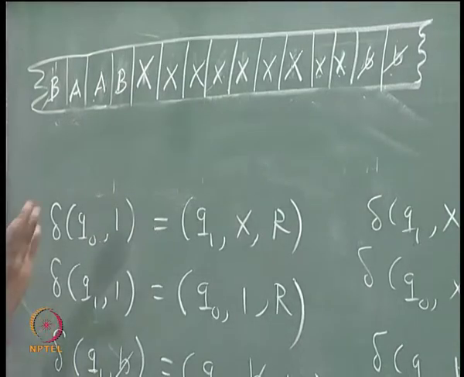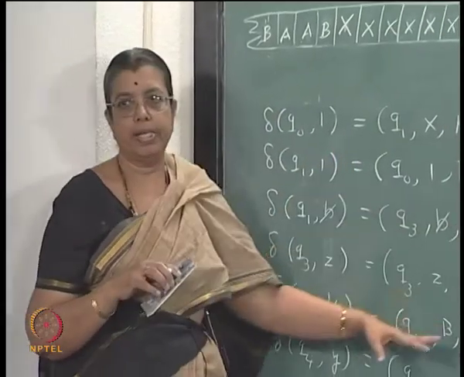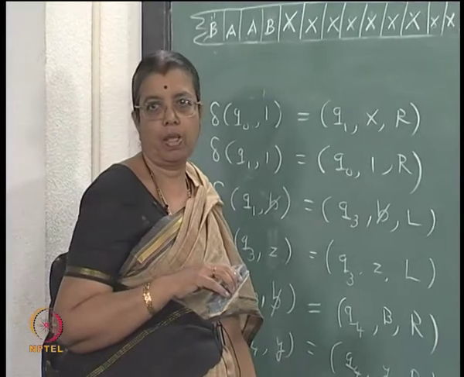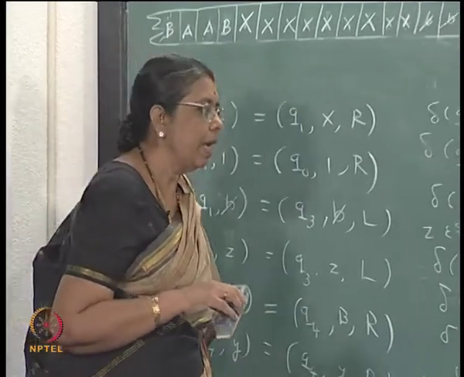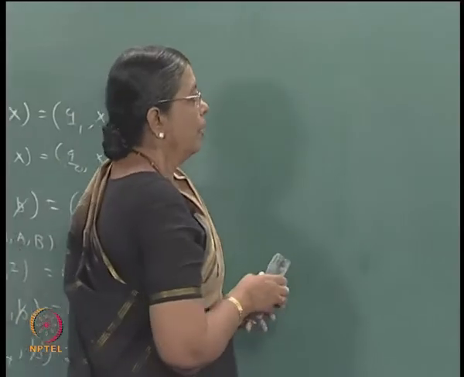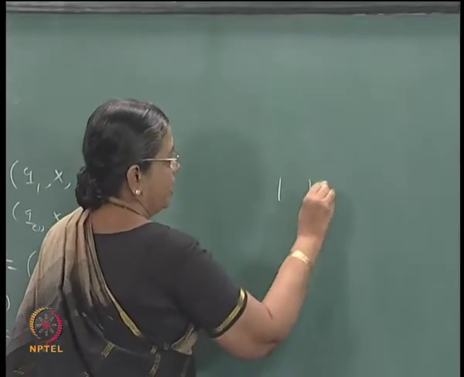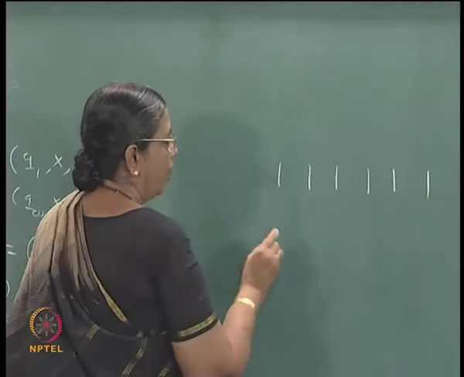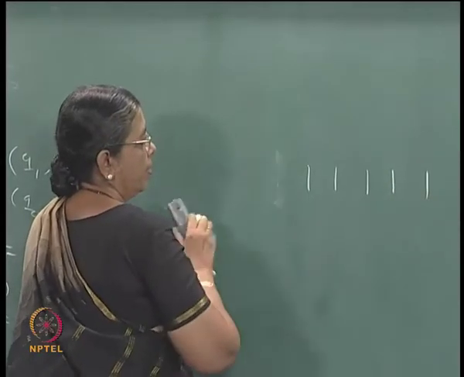Okay. So, by practice you should be able to write these moves. I will give some assignment with a number of problems. So, now suppose I have 6, how will it work?